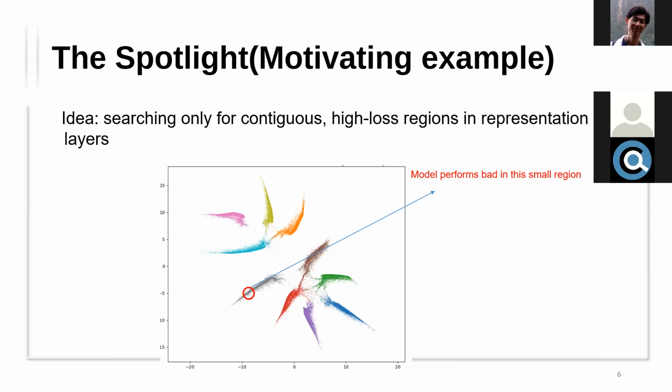So if you average the loss it might not seem so high, but they try to find some small region that has higher loss. So it's kind of a part of the samples which has to be sacrificed, their loss has to be sacrificed for the sake of the loss of the other samples.